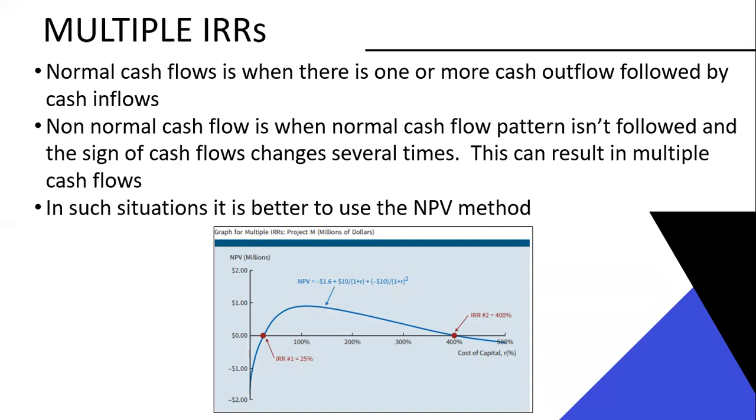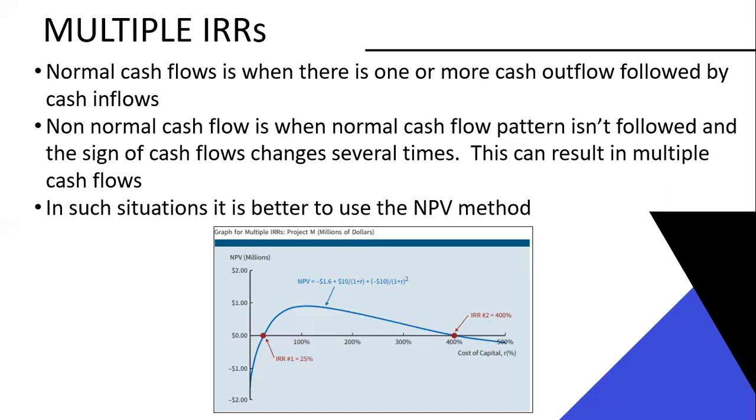Because there are different conflicts that sometimes come up with IRRs, and I'll talk to you about that right now. Here you see a situation where there are multiple IRRs. There is a project that has two IRRs. How can that be? Well, normal cash flows are generally what happens when there is one or more cash outflow, and then there are a bunch of cash inflows.